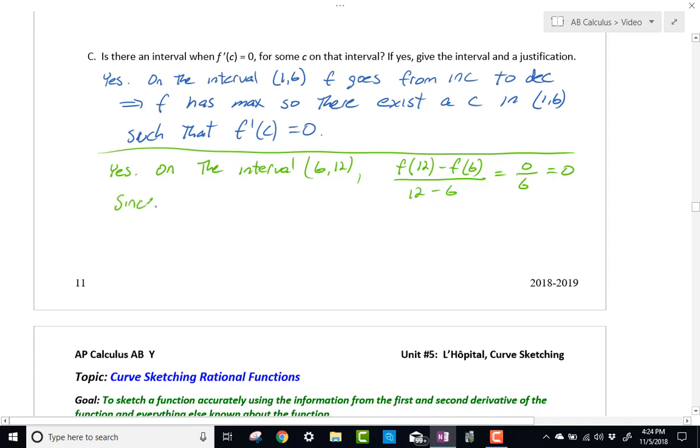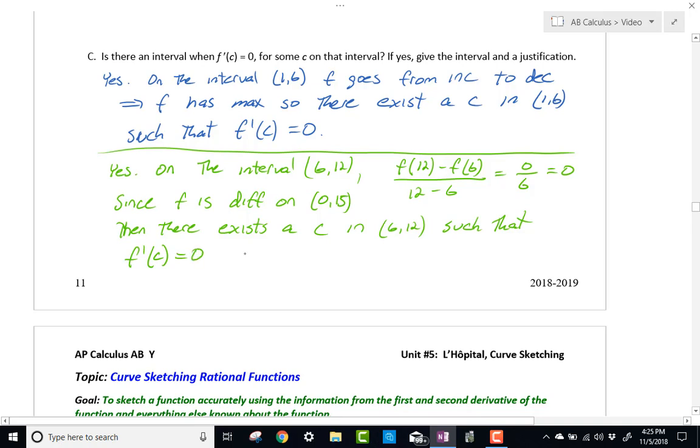Since f is differentiable on 0 to 15, then there exists a c in 6 to 12 such that f prime of c is equal to 0. And our reasoning here would be mean value theorem. Okay, so either one of those would get you to where you need to be on this one.